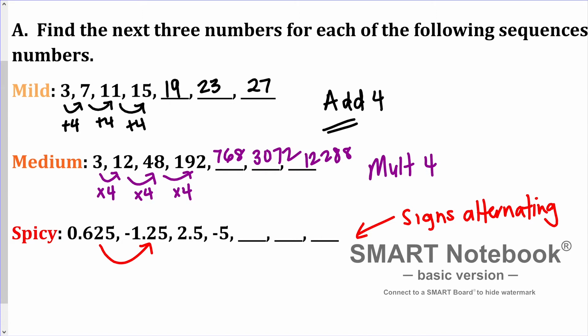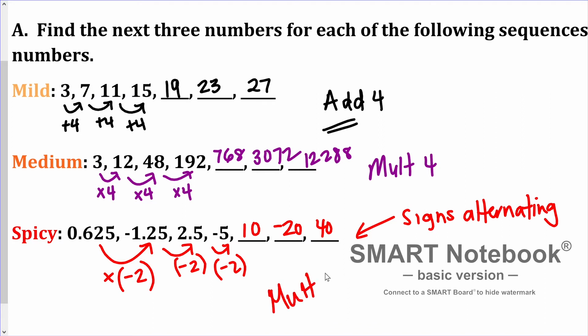But it changed signs, so I have to multiply by negative 2. That makes sense? Let's see if that keeps working. Negative 2 times 1.25 is negative 2.5. Negative 2 times that would be positive 5. And if we keep it going, we would go to negative 10, positive 20, negative 40. All right, so this one was multiplying by negative 2.